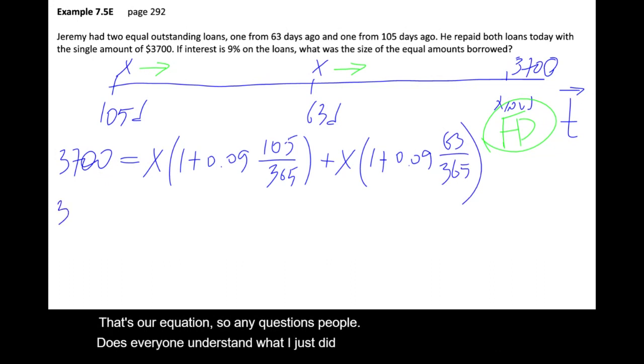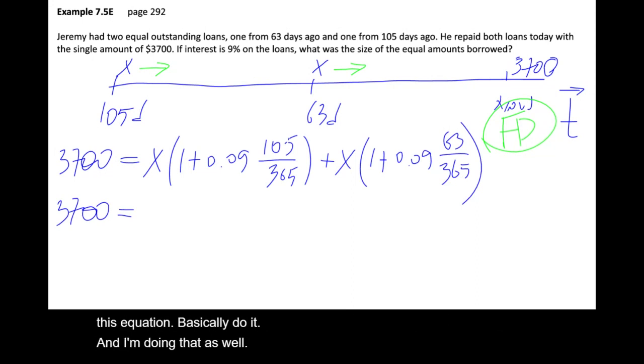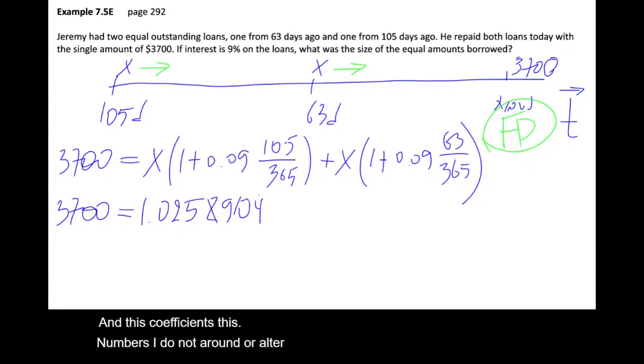Okay, so let's solve this equation, basically. Do it. And I'm doing that as well. And these coefficients, these numbers, I do not round or alter or do anything to them.